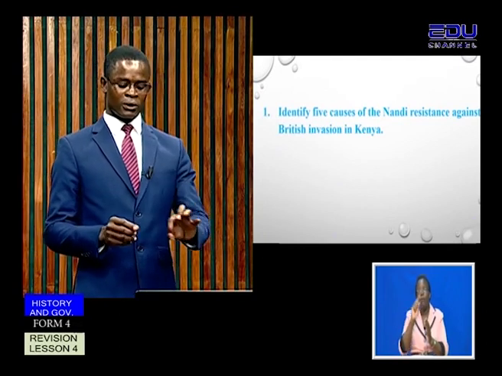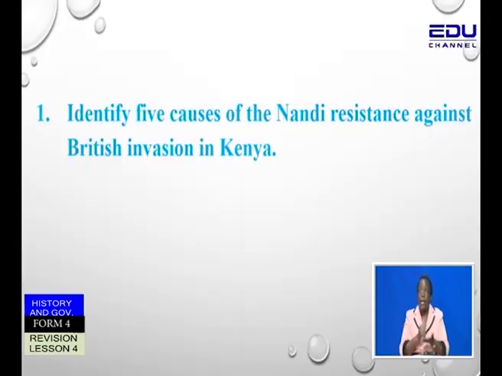Therefore, for this particular question, I will help you identify some of these key words. For example, the first word there is identify. Please underline that. The second point is 5, because it will give you the connotation that this is a closed-ended question, whereby you are supposed to give us only 5 responses.